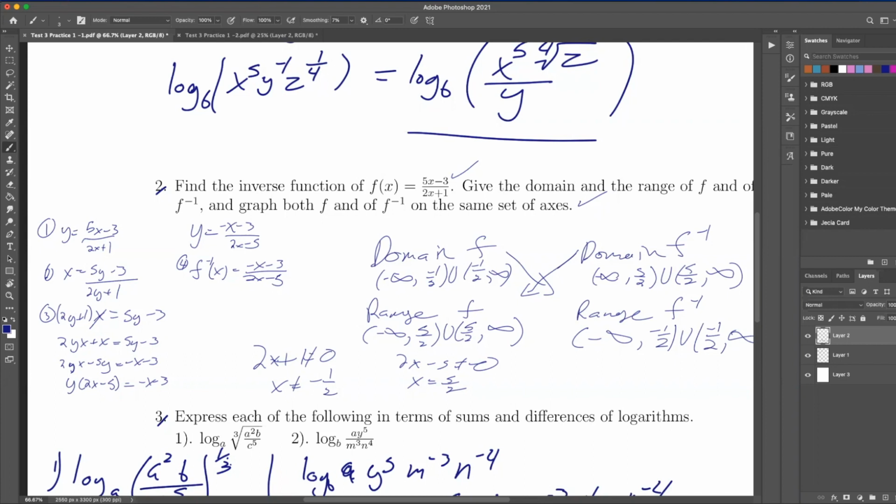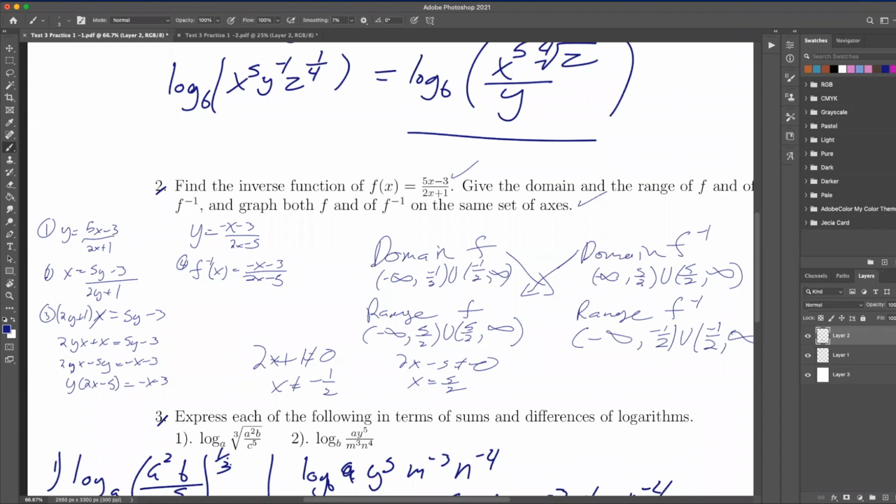Here, the domain of f is everything. I can put anything up top, but I cannot have a 0 on the bottom. So I set that not equal to 0. That means x can't be negative half. Notice if I put negative half in here, I get a 0, so that's bad. That's the domain of f, and also the range of f inverse.